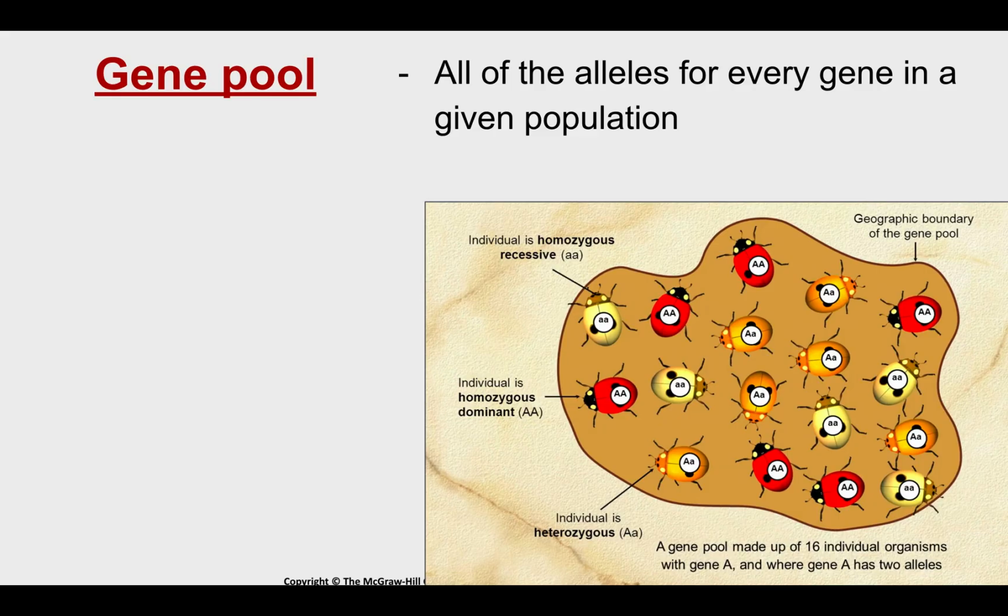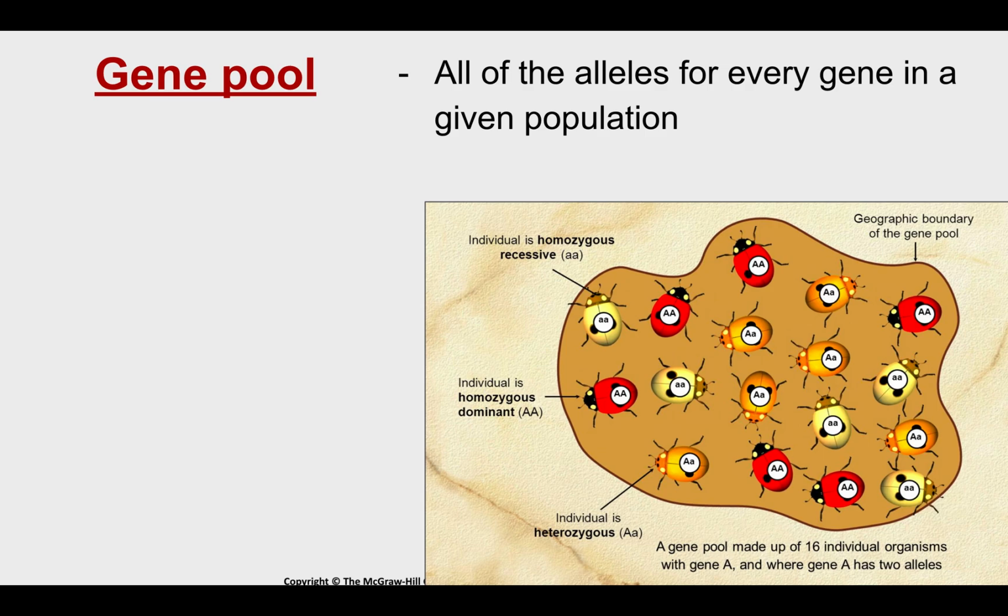All right, so we're looking at a population and we're talking population genetics. We have to think about the gene pool. Right? So the gene pool is all of the alleles for every gene in a given population. Now, typically, if we were to talk about a gene pool, we're not going to talk about every single gene that ever exists.